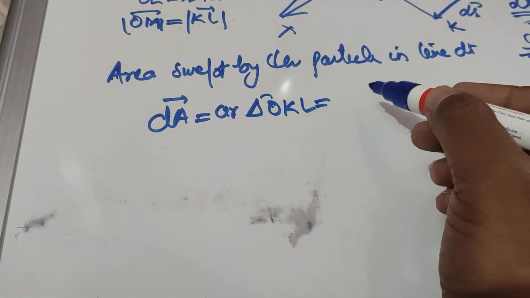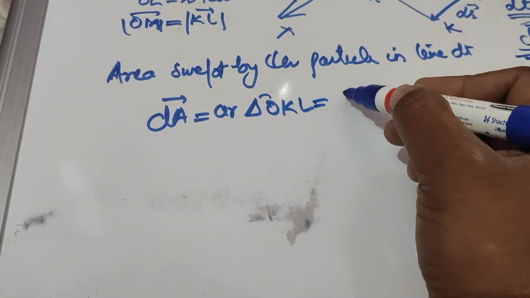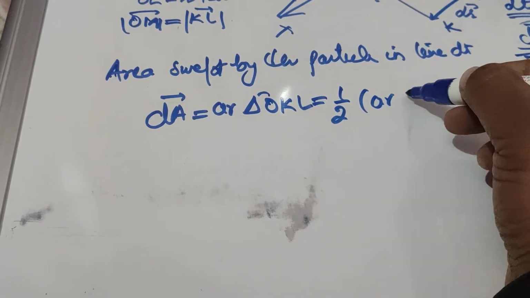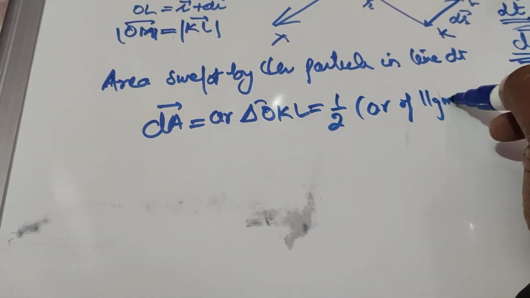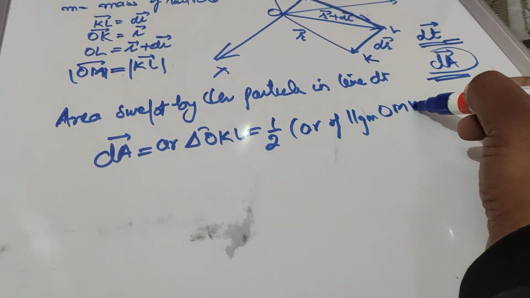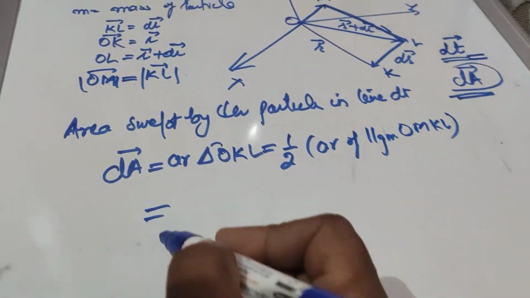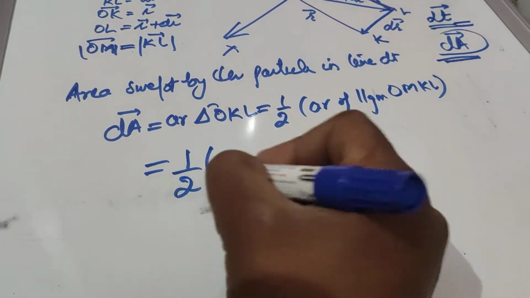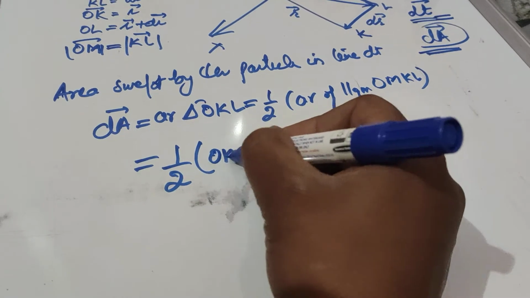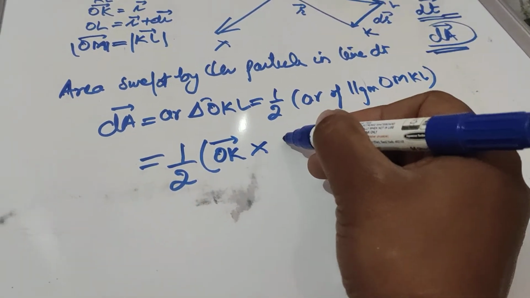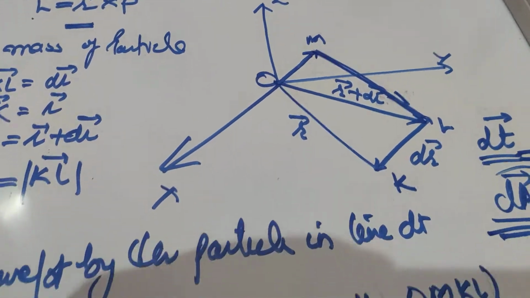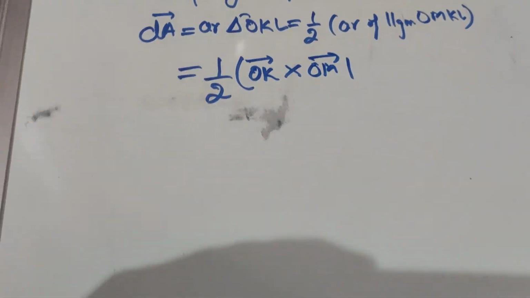Or we can write down the area as half into area of parallelogram OMKL. So this area is simply half into this base into a perpendicular distance. That perpendicular distance is OM.